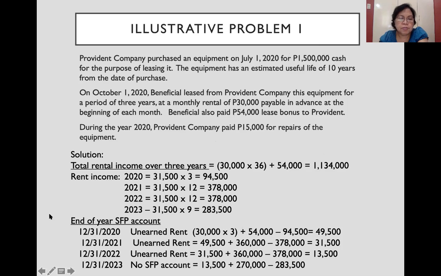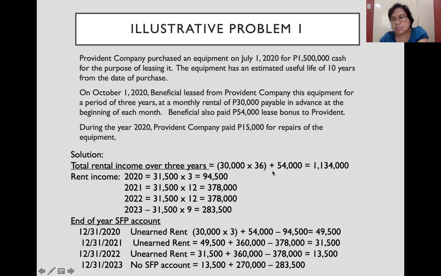So your first principle is that total rental that will be collected over the lease term will be spread uniformly on a straight line basis over the period of lease uniformly. Therefore, let us compute for total rental income over 3 years. That is $30,000 for each month. So that's 12 months times 3 years.